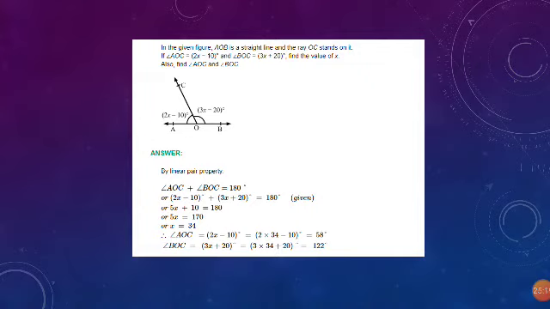So angle AOC equal to 2x minus 10 degree. 2 into 34, 68 minus 10, 58 degree.